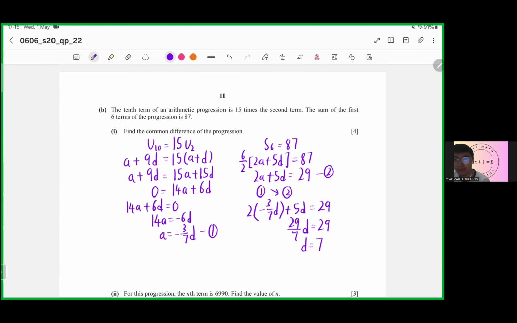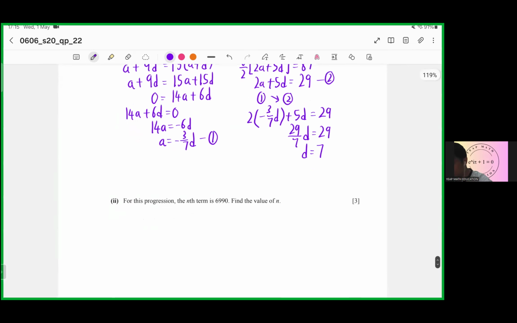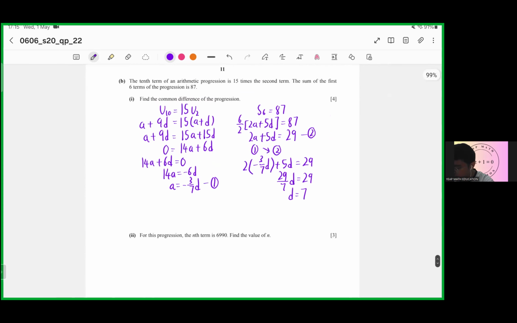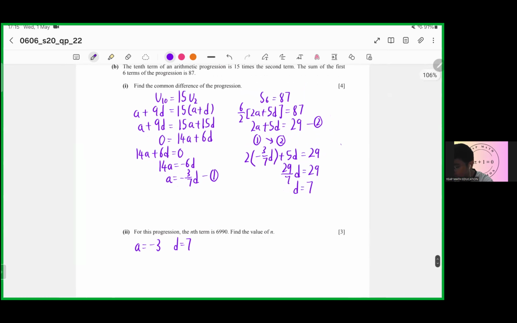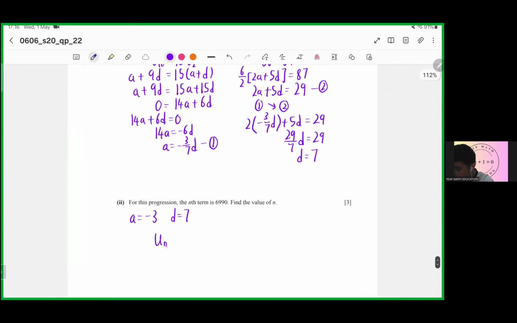Okay, now we look at part 2. For this progression, the nth term is 6,990. So find the value of n. Now we already got the first term a equals negative 3, and the common difference is 7. We can use the equation a plus (n minus 1)d.